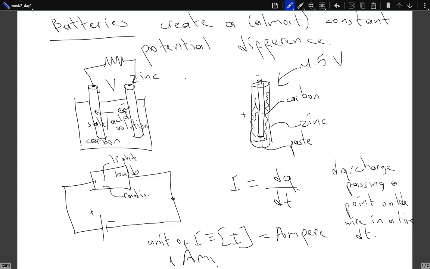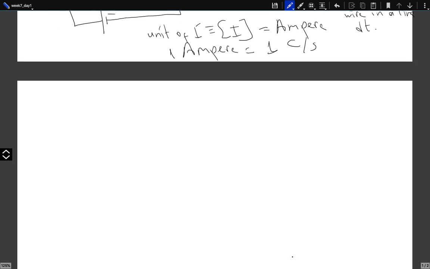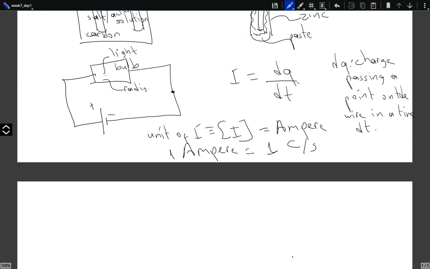And 1 ampere is 1 coulomb per second. And circuits, ideally, they should always work the same way, but in reality, they don't.